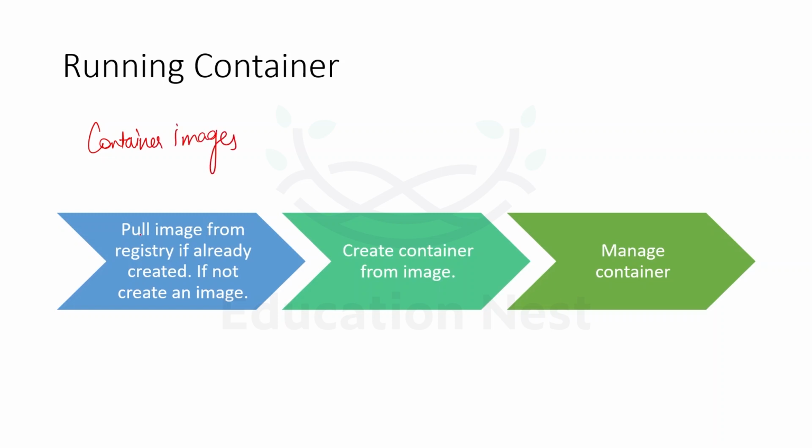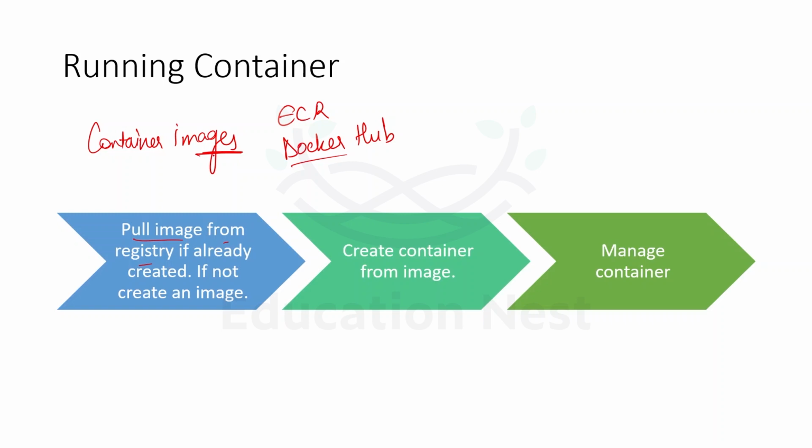So we have to pull the image from a registry. Where will we get these images from? There are registries like Docker Hub, or if we talk specifically about AWS, there is ECR, Elastic Container Registry. We have multiple images available publicly on Docker Hub, or we can create our own image and put it on Docker Hub or ECR.